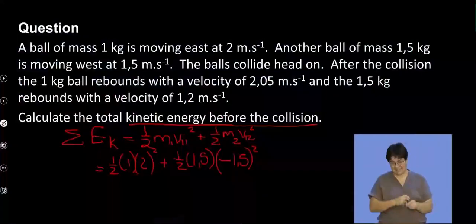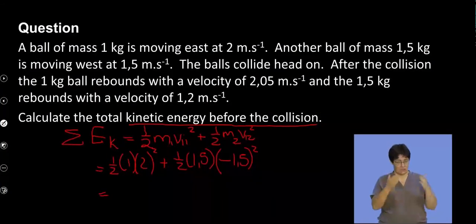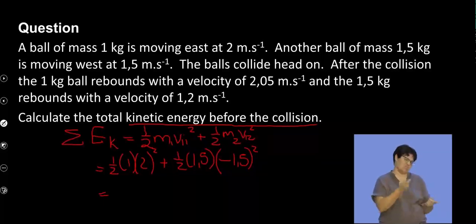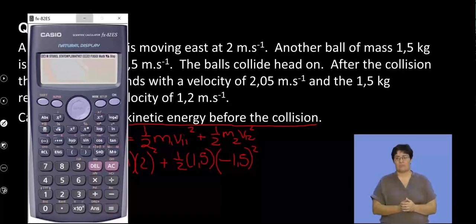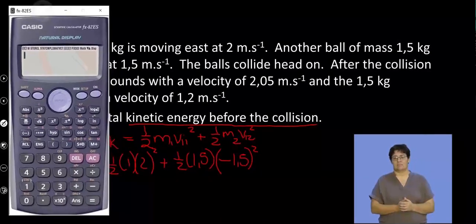Now, we're going to use our calculators. I could do the first part of the sum in my head, but I can't do the other because of the 1.5. So, let's just put this over here so I've got everything.